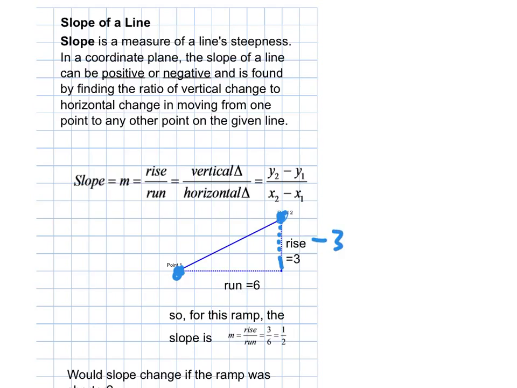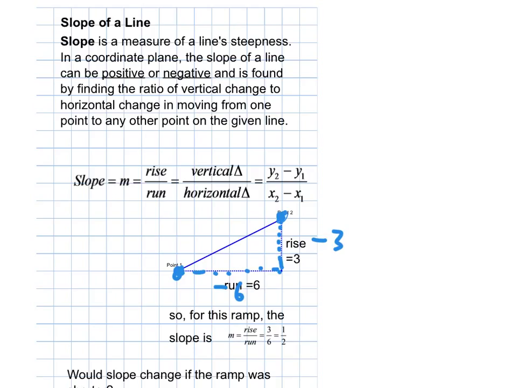That's down 3 and left 6, but that still equals positive 1/2 because it's a negative divided by a negative, all right? So that's that ratio right there. Remember, slope is a ratio, so it doesn't matter which 2 points you pick on the line, it'll always have that same ratio, all right?